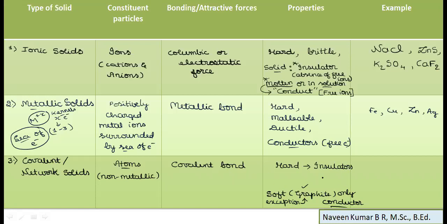All the remaining covalent solids are insulators, whereas graphite is a conductor, because here the carbon in graphite is in sp2 hybridization. Due to that sp2 hybridization, one valence shell electron of each carbon as a constituent particle will be mobile in nature. So that free electron, due to its hybridization, is responsible for conductivity.